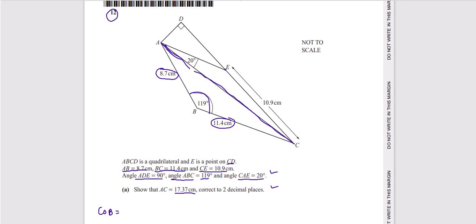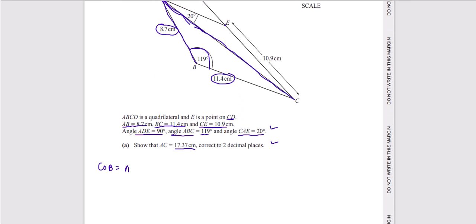The front side of the angle is AC, so the other sides are AB square plus BC square minus the front side of the angle, AC square, divided by 2 into AB into BC.